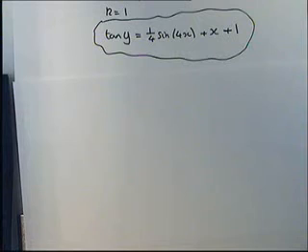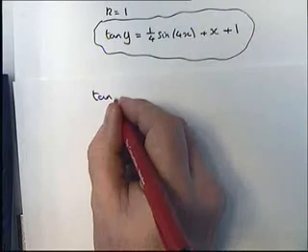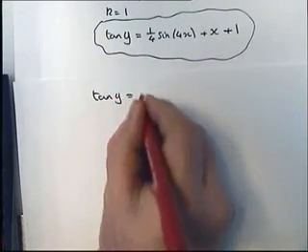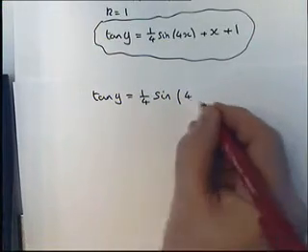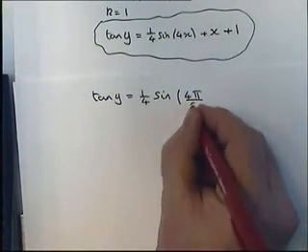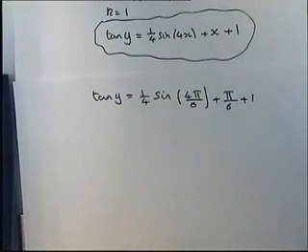There's sometimes a temptation to stop there, but we should always look to make sure we finish the question. And the last part of the question was find the value of y when x equals pi by 6. So again, we can substitute that in, and we get tan y equals a quarter of sine of 4 lots of pi by 6 plus pi by 6 plus 1.